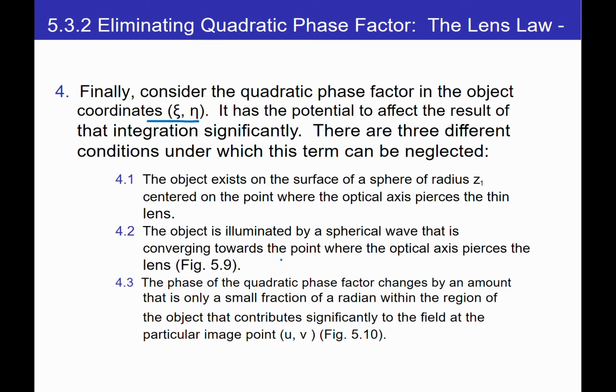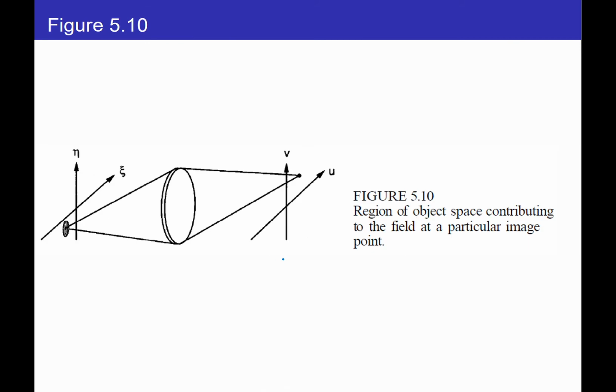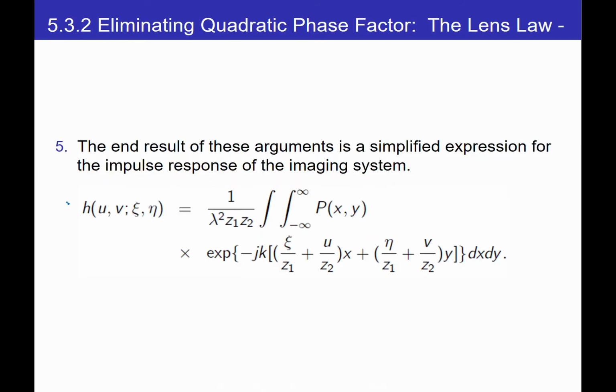If we neglect all three quadratic phase terms, then we end up with this. We have a Fourier transform like effect here. Of course, if you look at it, you will find there is a relationship: xi z1, u z2, eta z1, v z2. Remember that.